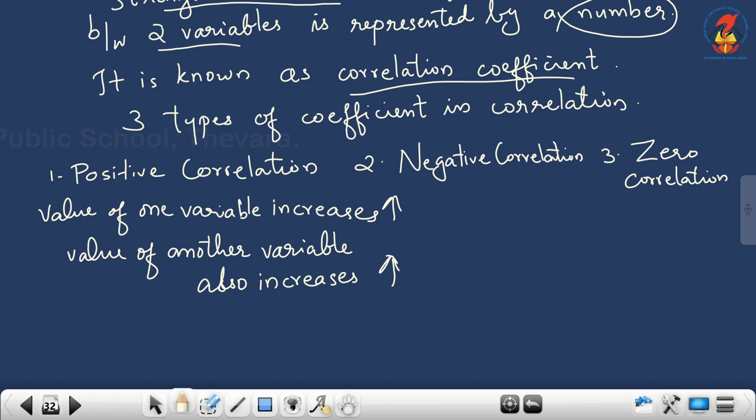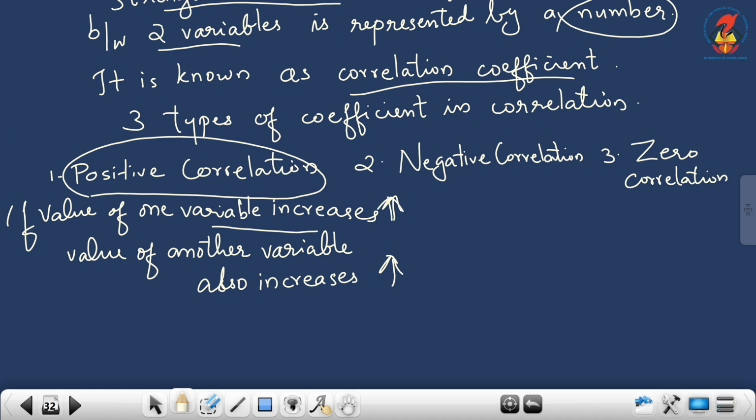In positive correlation, if the value of one variable increases, then the value of the other variable will also increase.